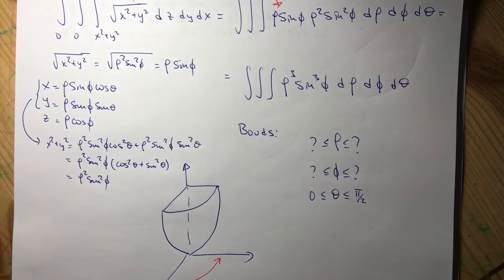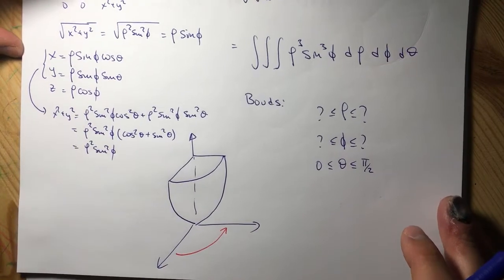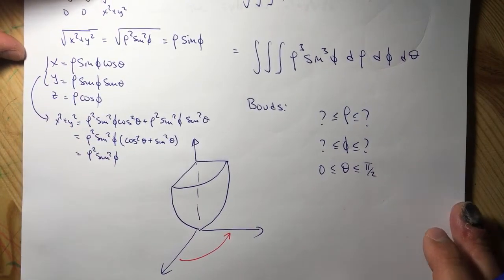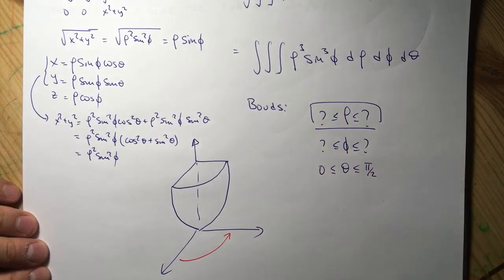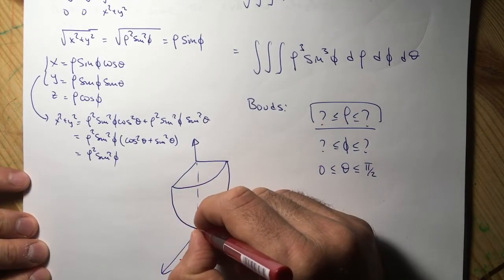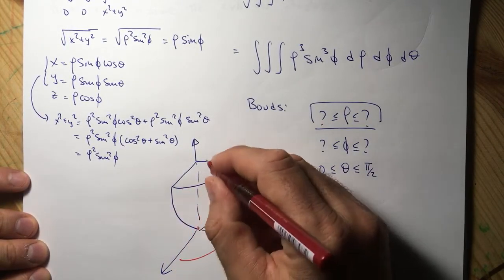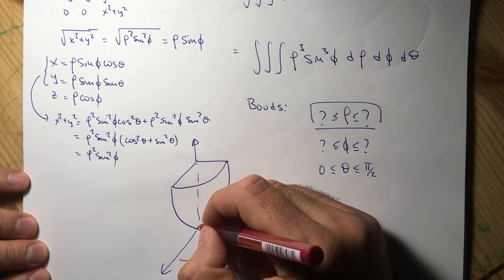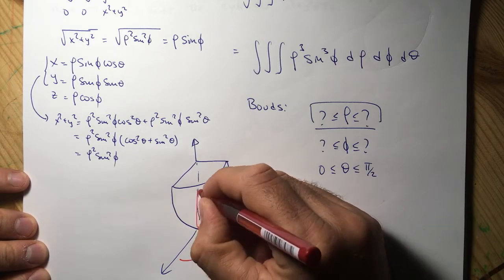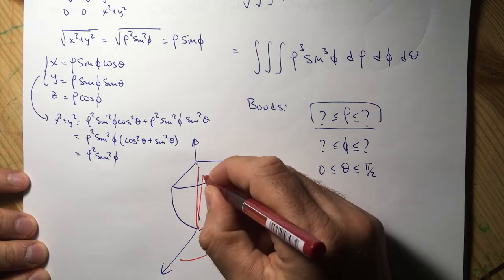Where does the problem arise with this particular integral? Well, look at what happens to rho. Rho is the radius starting at 0 and going all the way to the outside boundary. Up until a certain phi, the upper bound of rho is simply z is equal to 4.